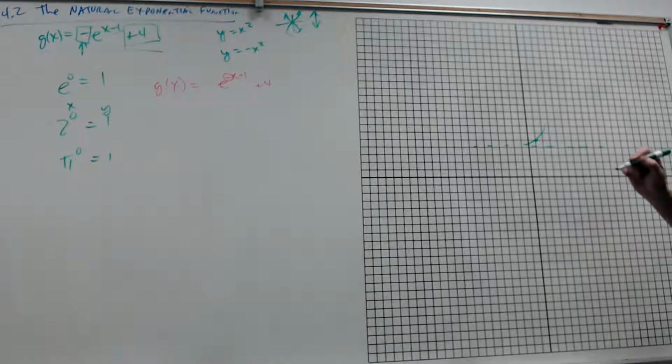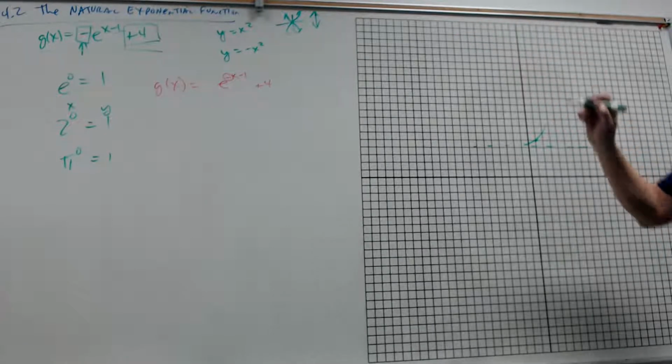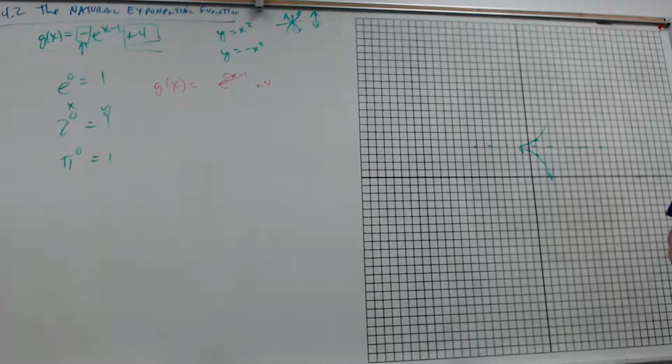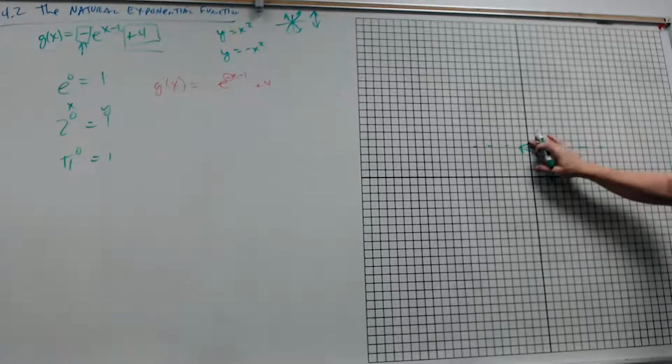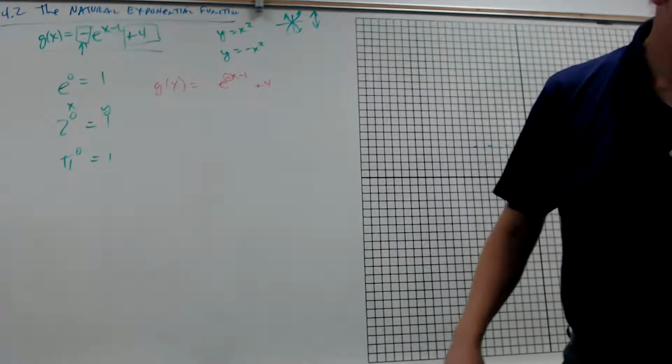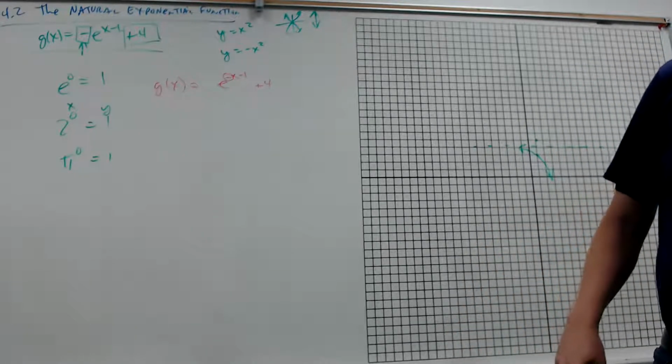Now, because we've got the negative, we're going to do everything and it's going to go this way. Correct? So it looks like this. I did draw that wrong. You're right. Okay. That was a really hard one.